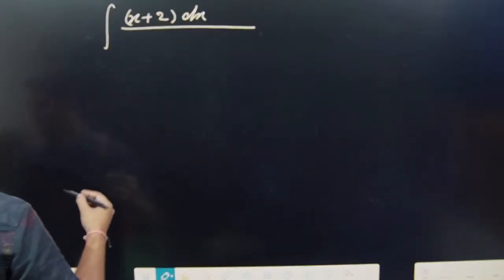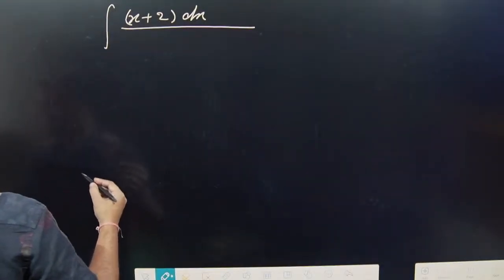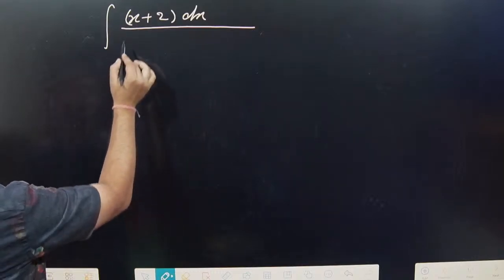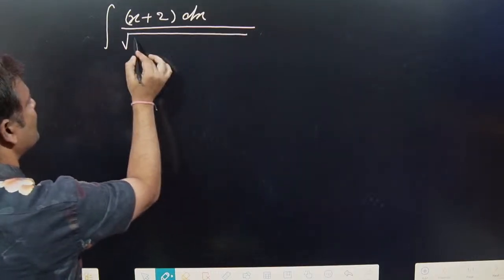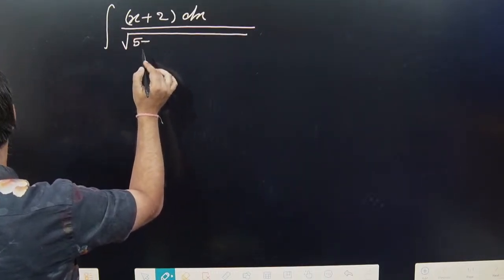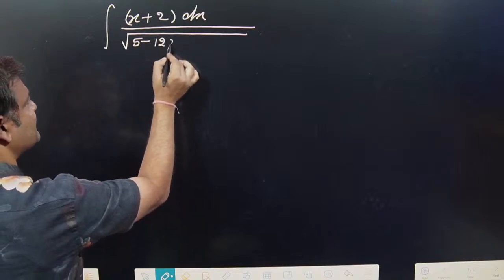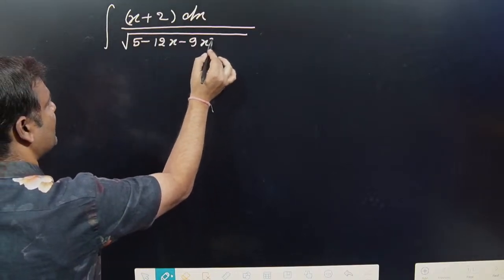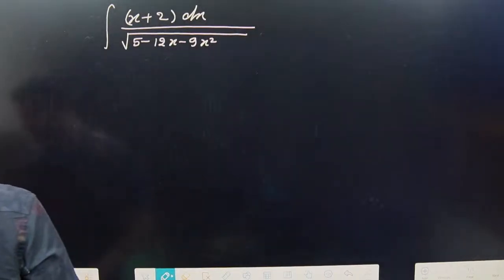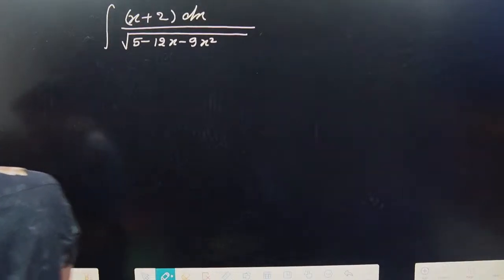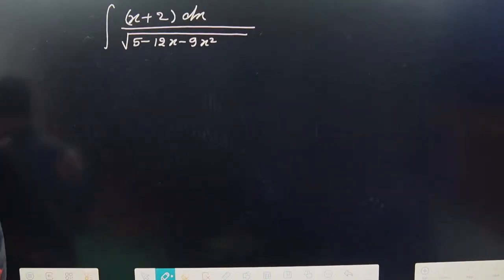Look here very carefully, that is under root of 5 minus 12x minus 9x square. Okay, so how can we solve this type of problem?